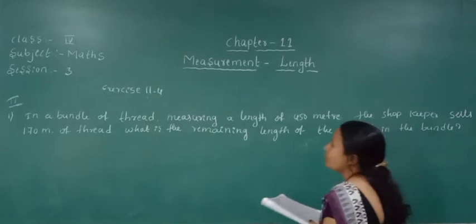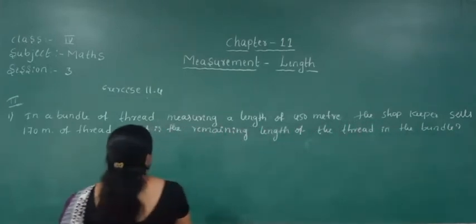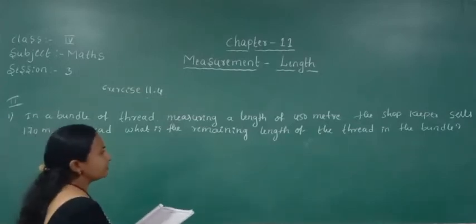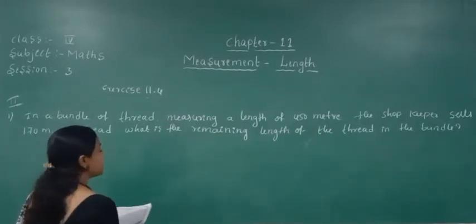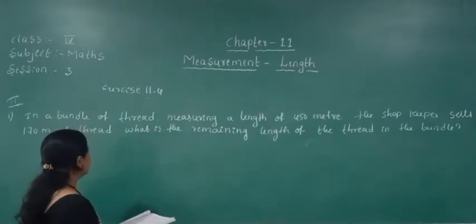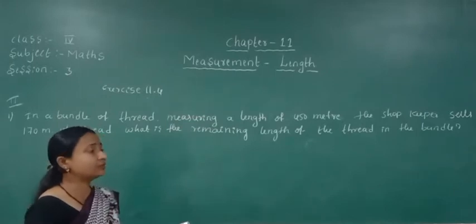Here, the bundle of thread measuring length is 450 meter. The shopkeeper sells 170 meter of thread. What is the remaining length of the thread in the bundle?